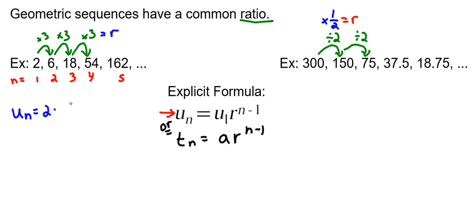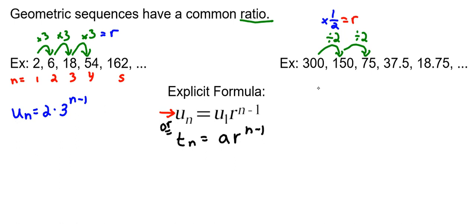So R is 3 in this case because it's going up by multiples of 3. And there's no simplification here. I can't multiply the 2 and the 3 together because they're not the same base, and I have an exponent here. It would be different if I was able to reduce this or break this up into different pieces, or if they were the same base, for example. That's not the case here, so I just have to leave it as is.